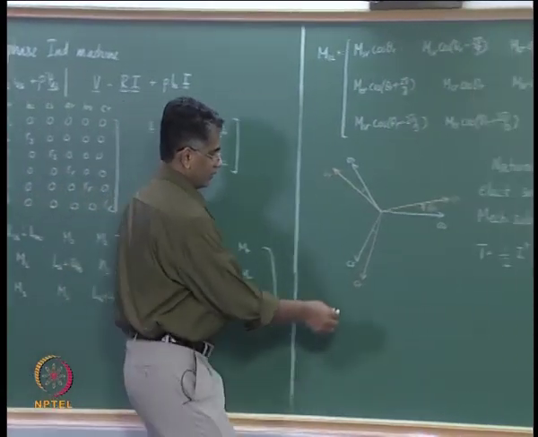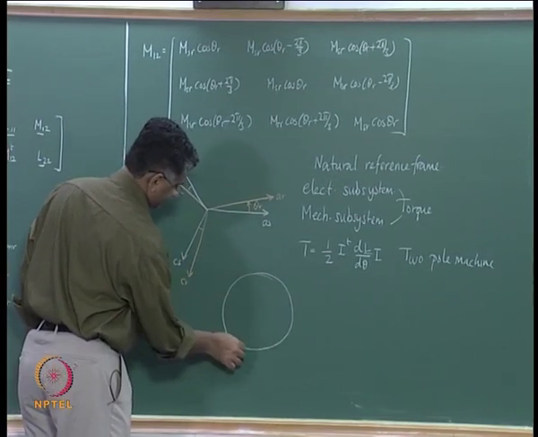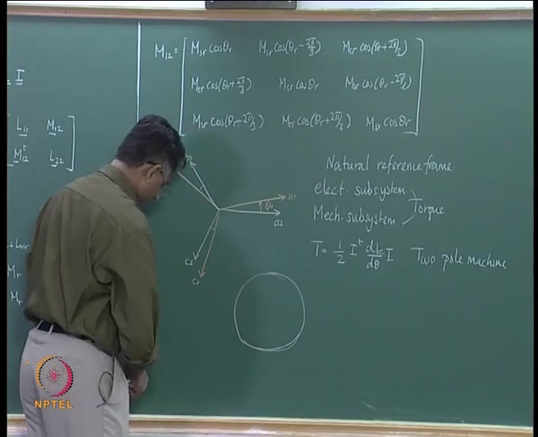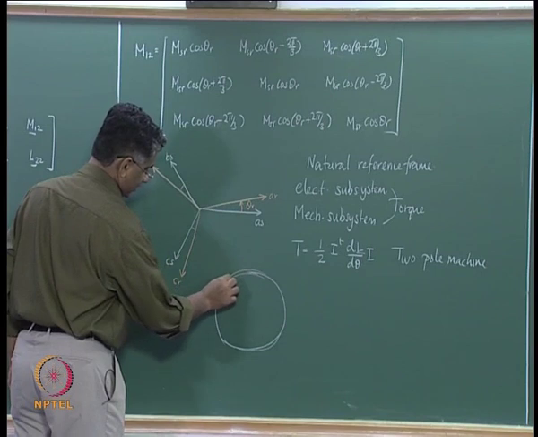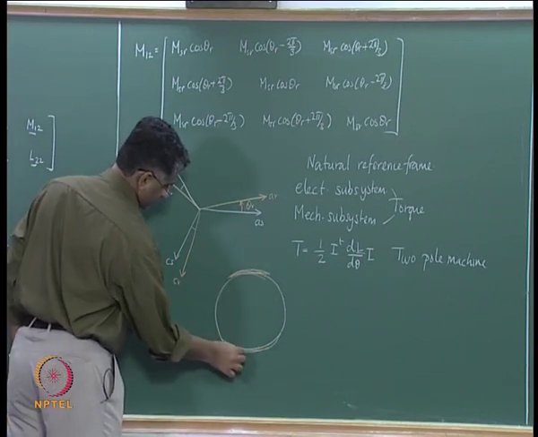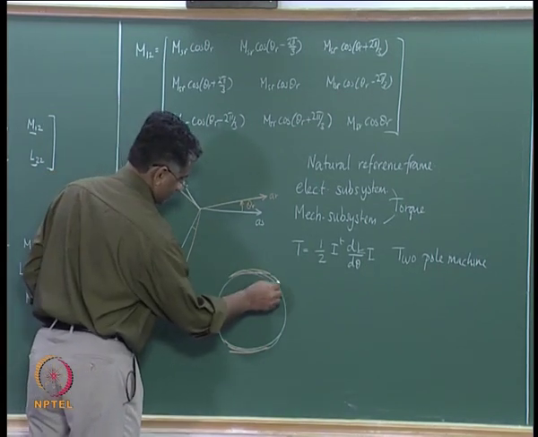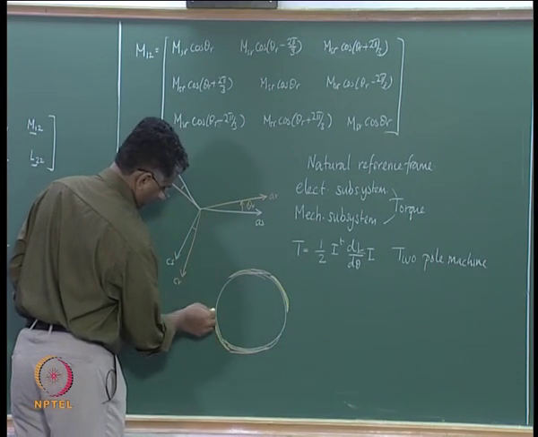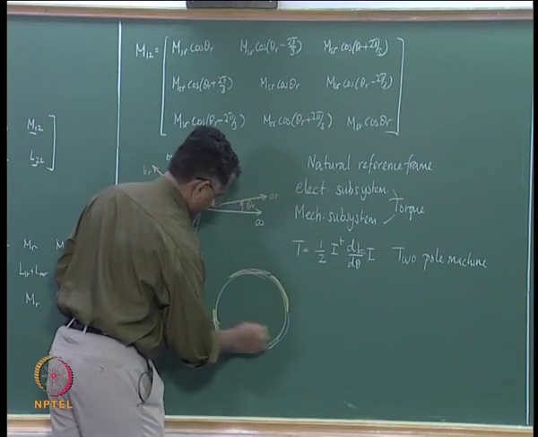If you remember, we had described the induction machine stator like this, assume it is a circular stator, and then we had the A phase of the stator here and the return conductors here, and then you had the next phase which was here, and then the third phase that is sitting here.